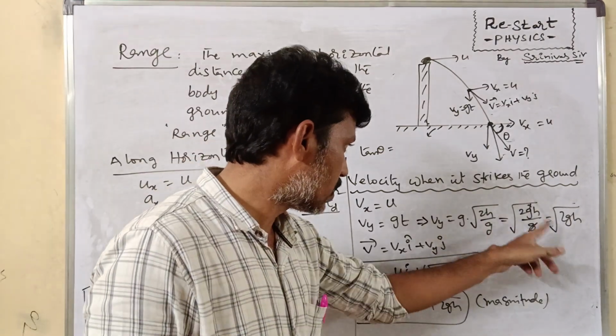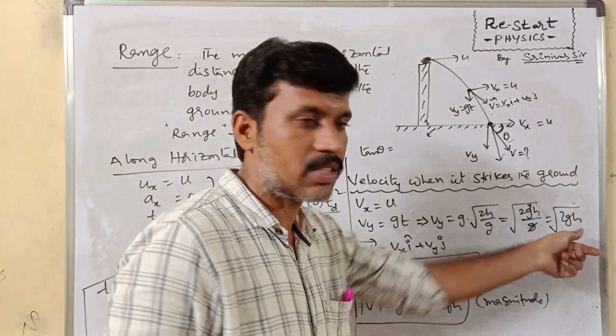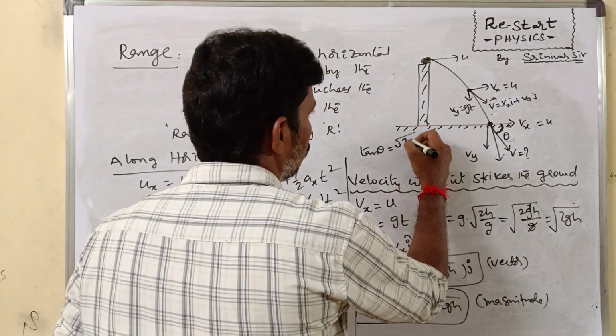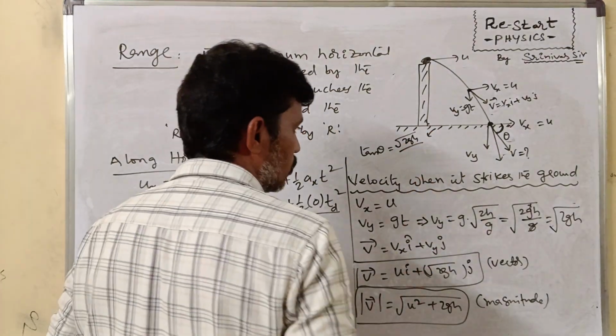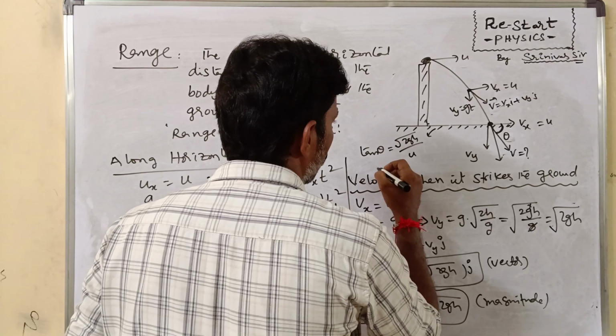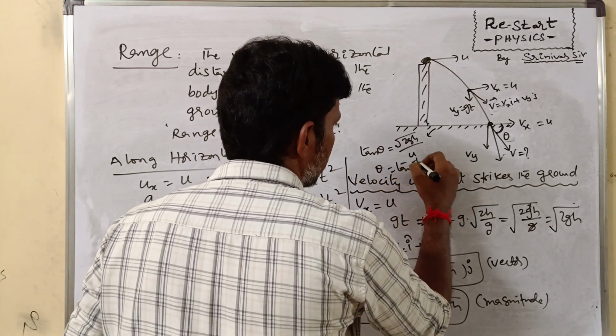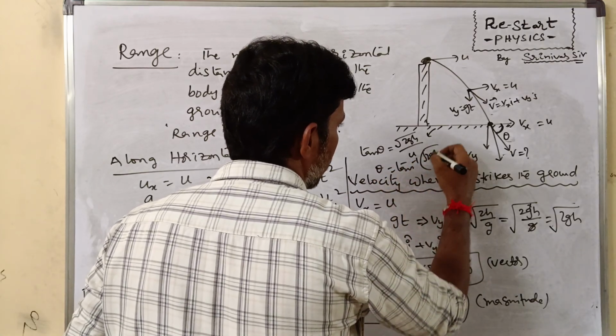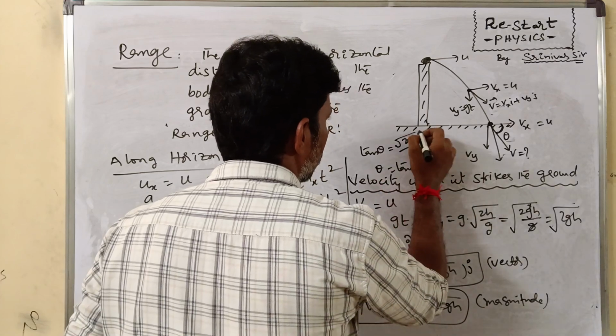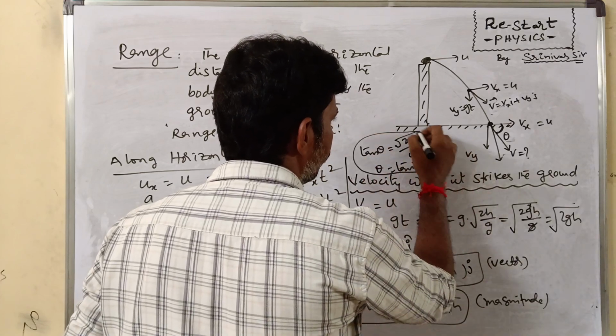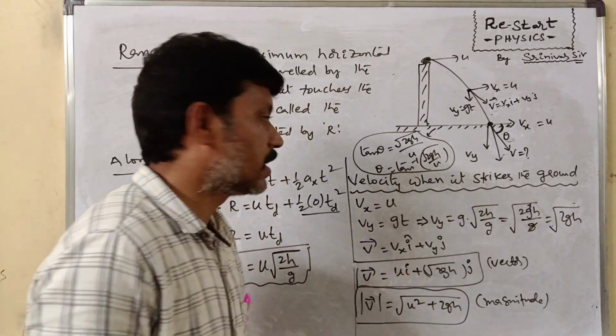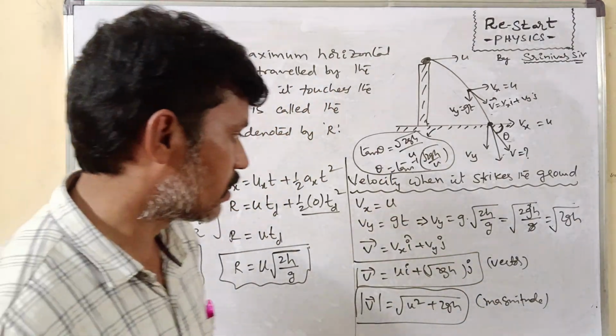The Vy component is root 2gh, and Vx is u only. So theta is equal to tan inverse of root 2gh by u.